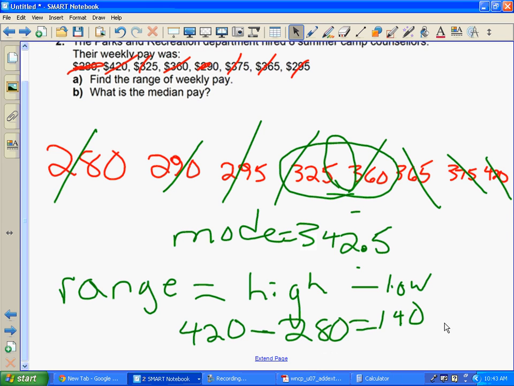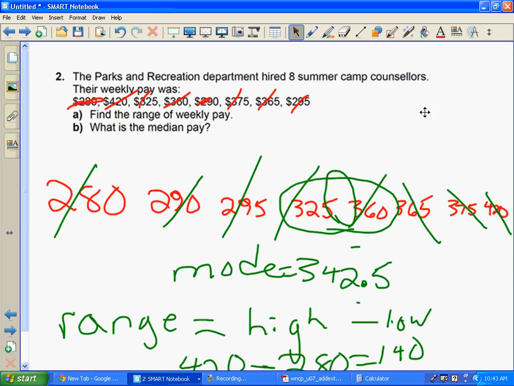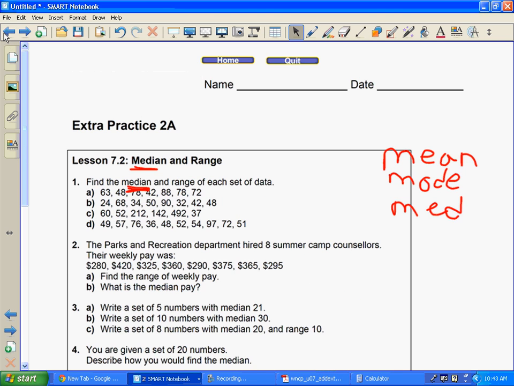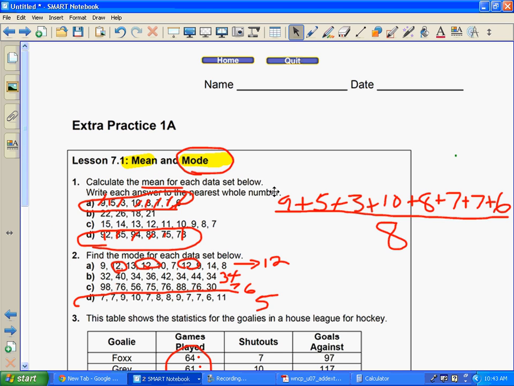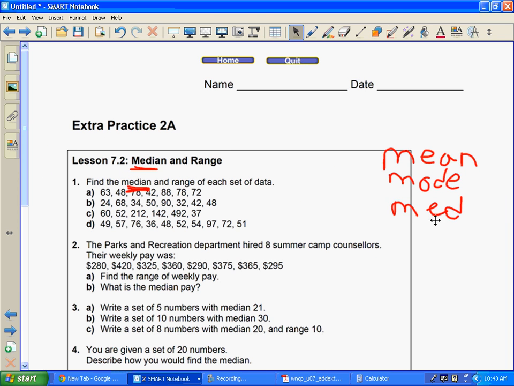Okay. So just to summarize what these measures of central tendency are again. Mean is when you take all of the numbers, add them together, and then divide by how many numbers you had. The mode is what occurs the most, and sometimes you might have two modes, sometimes you might have none. The median is the middle number when you arrange it from lowest to greatest.